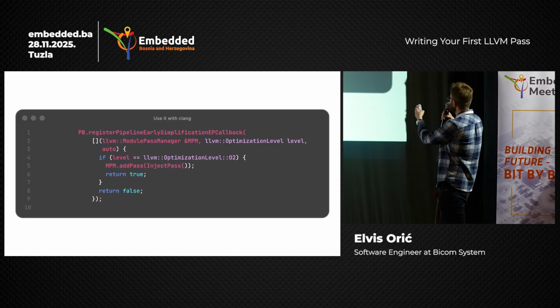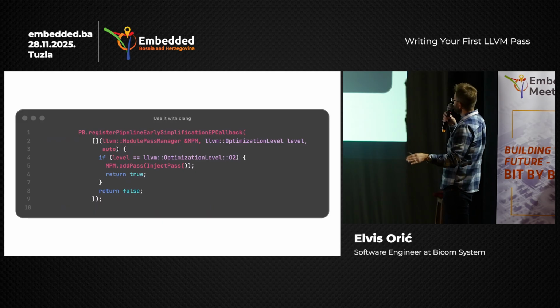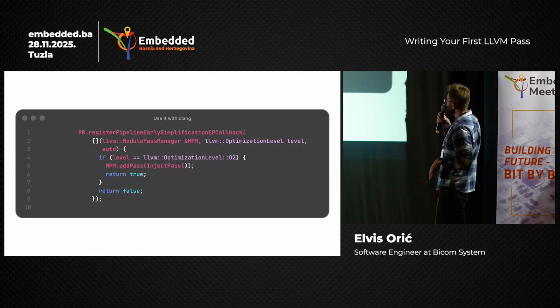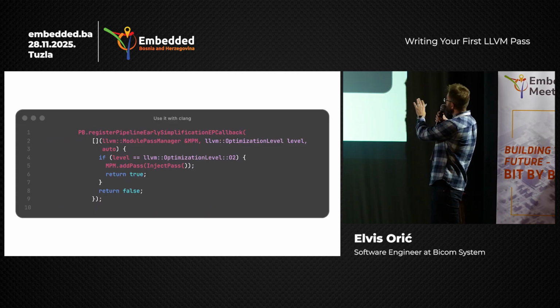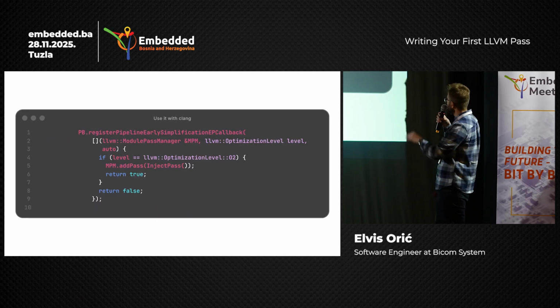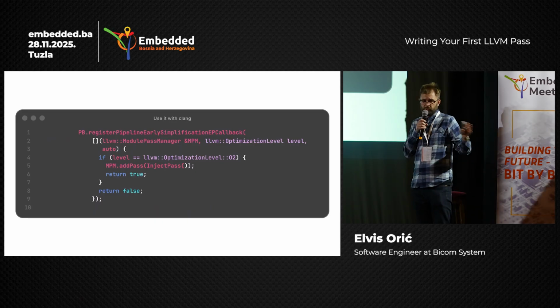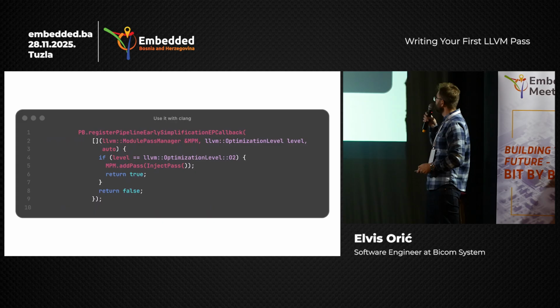For example, here we are using an early stage where it's actually safe to do that. And I also checked here if we want to run this pass only for optimization level O2. So you can actually do that as well.